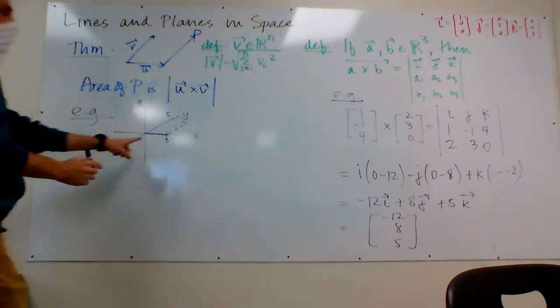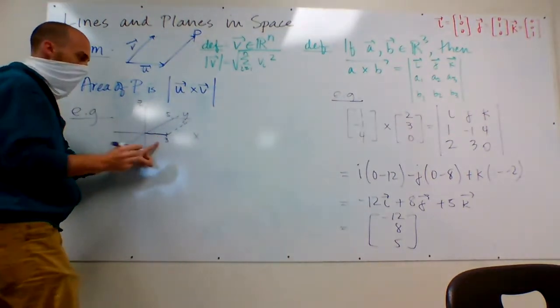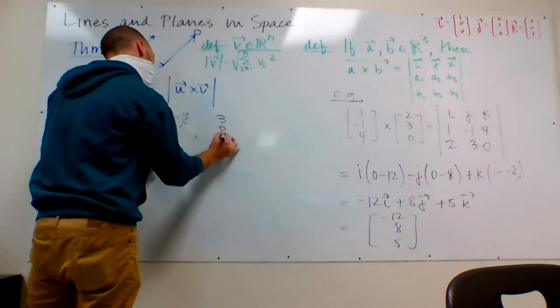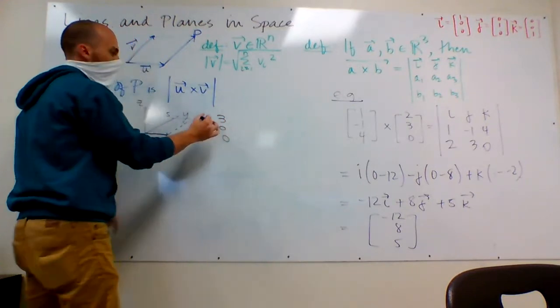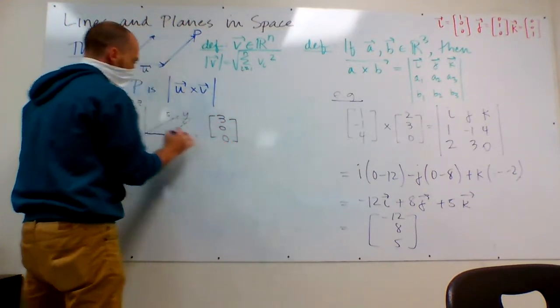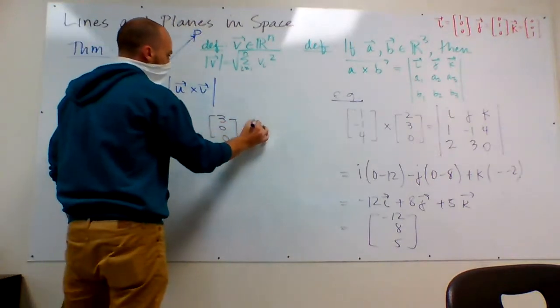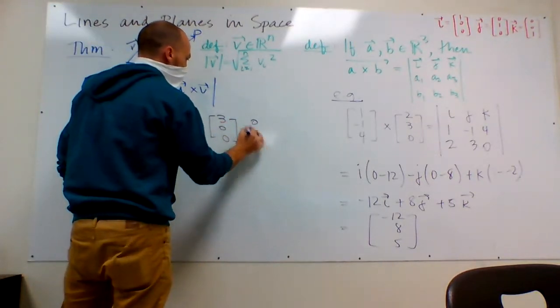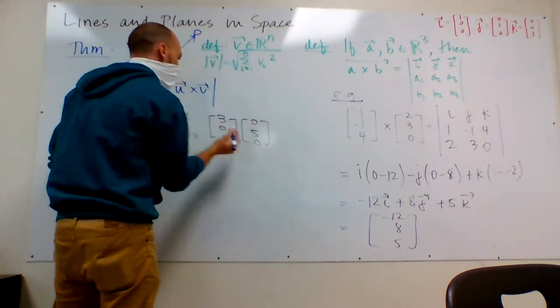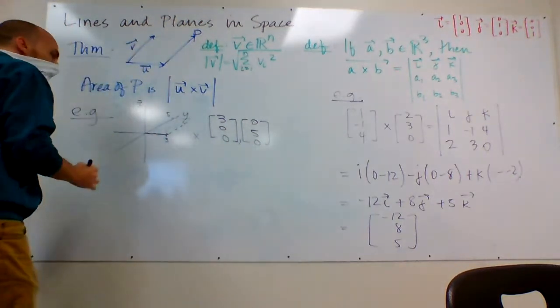But, okay, I know that this vector is 3 in the x direction, 0 in the y direction, and 0 in the z direction. And then the other one is going to be 0 in the x direction, 5 in the y direction, and 0 in the z direction. Okay, so I'm going to cross them.